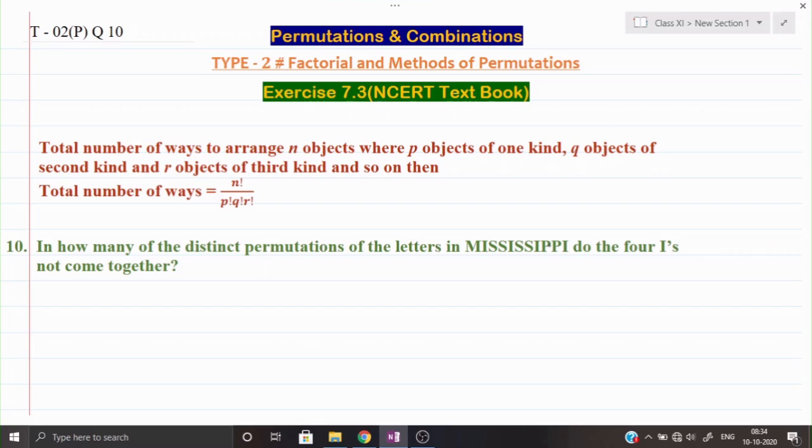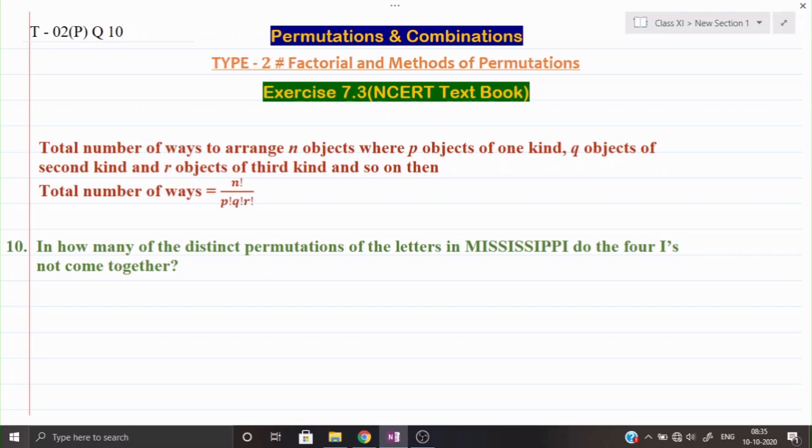So this formula can change according to the number of repeating letters. Sometimes it can come as p and q only, and sometimes factorial p, factorial q, factorial r and factorial s can also come. So depending upon the number of repetitions of the letters, we can change the formula accordingly. This formula is given for 3 letters repeating.